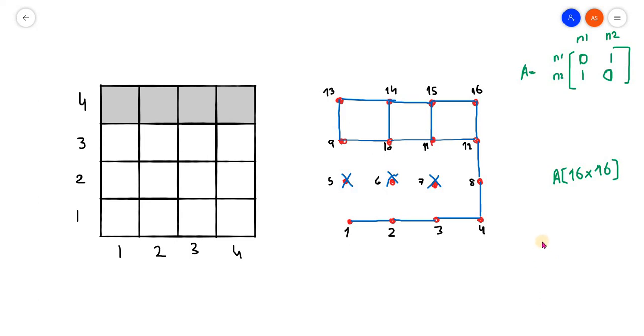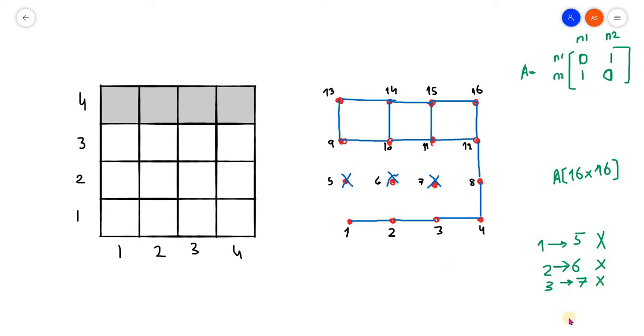Okay, so 1 to 5, there is no connectivity, and then we have 2 to 6, there is no connectivity here, and then 3 to 7, there is no connectivity.